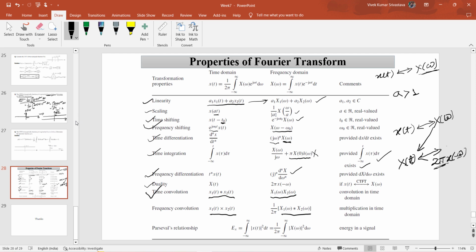Here is one of the most important properties of the Fourier transform, the Parseval relationship, used to obtain the energy contained in a signal.